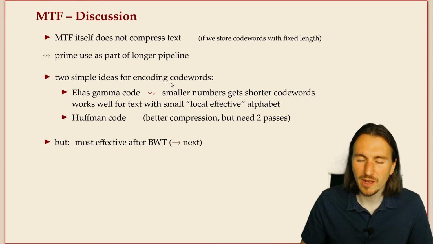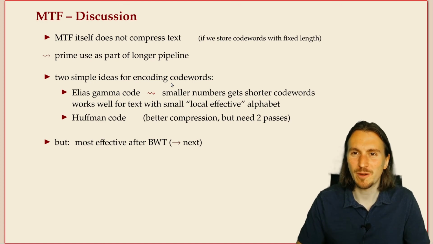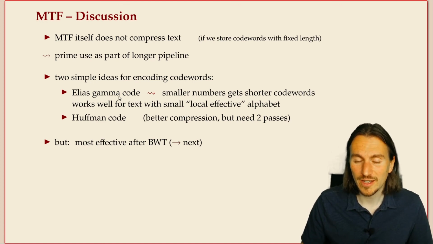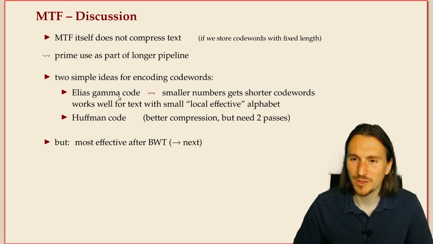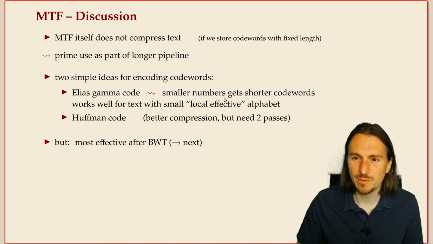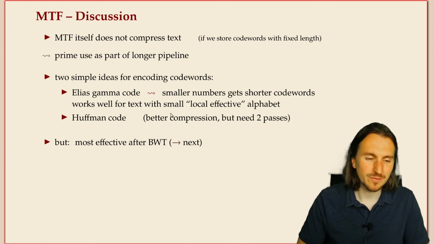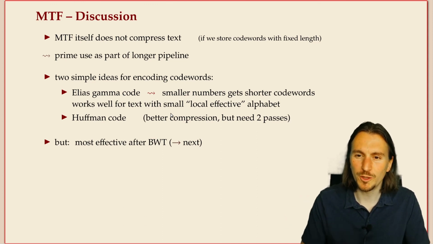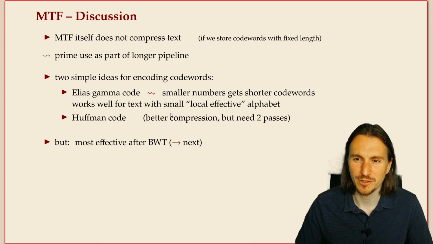The code words that come out of the move to front transform itself have to be represented in binary somehow. You could use the Elias gamma code that we used in run length encoding. And that makes sense because smaller numbers get shorter code words in that code. If we have local clusters of characters, that will lead to small numbers after the move to front transformation.